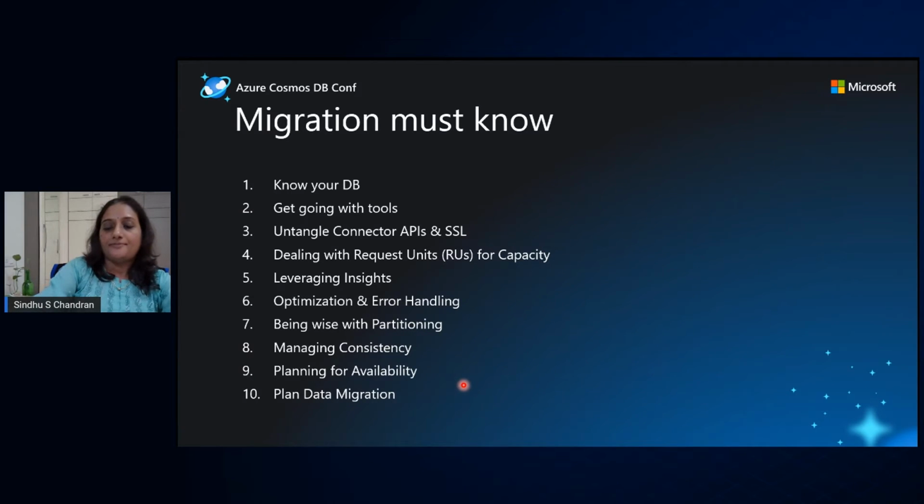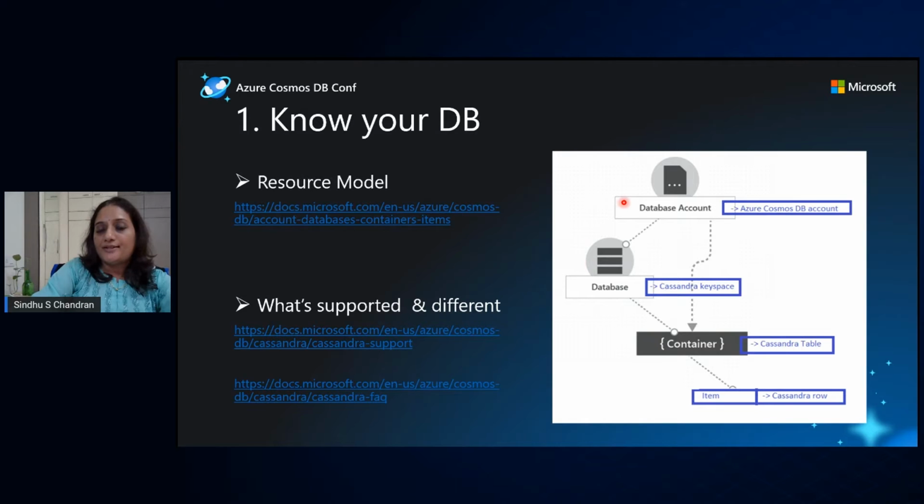So the first important item that you need to be aware of is the resource model. So this is the mapping to Cassandra for your Azure Cosmos DB. So you have this database account, or the Azure Cosmos DB account, created based on the flavor of Cosmos DB that you are using.